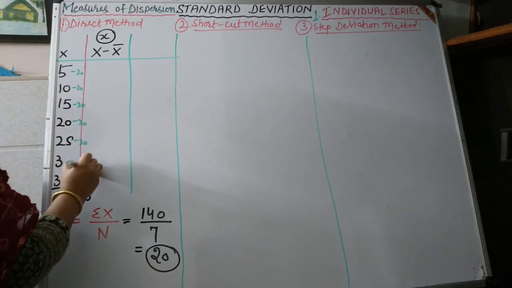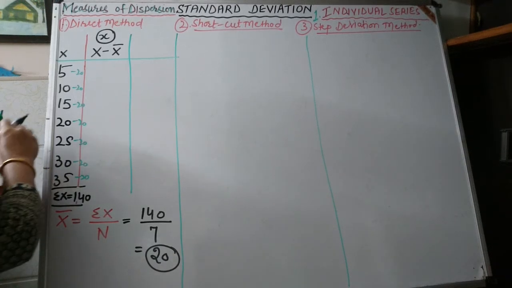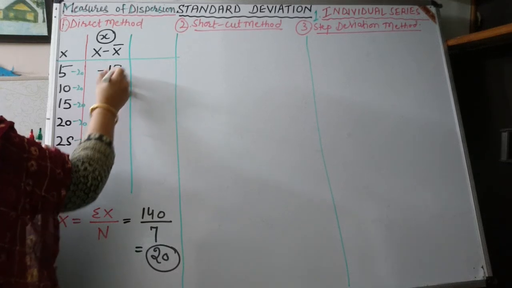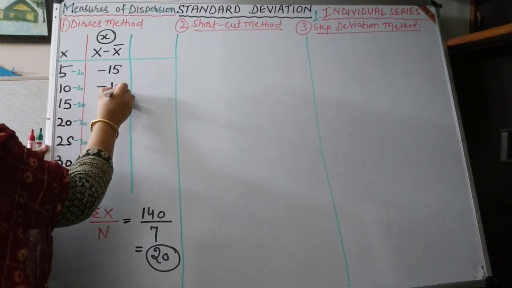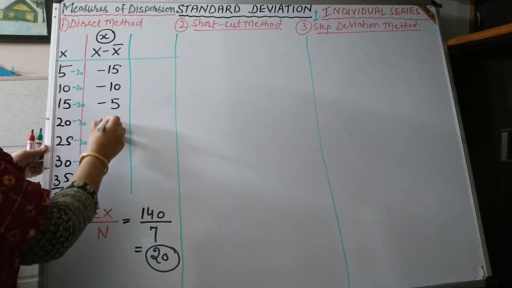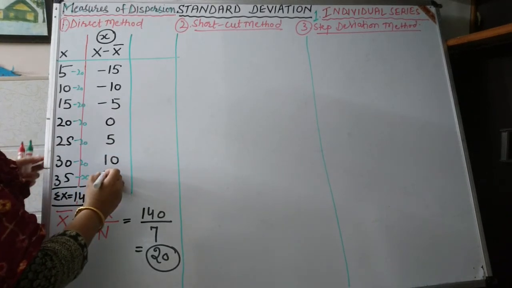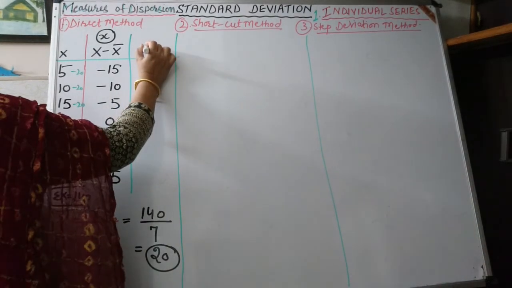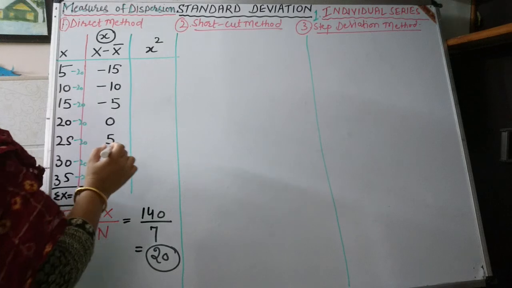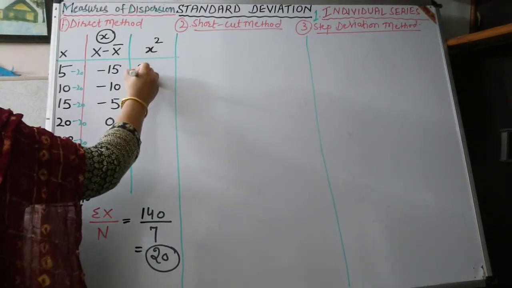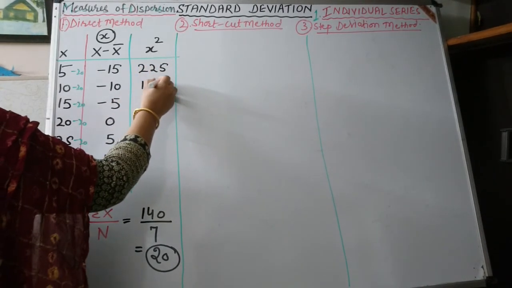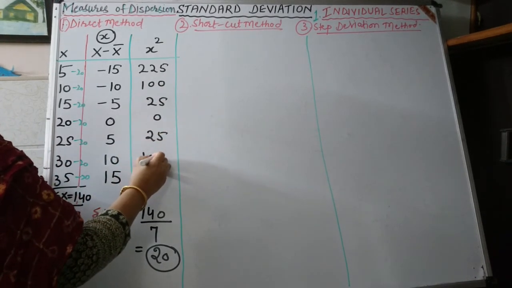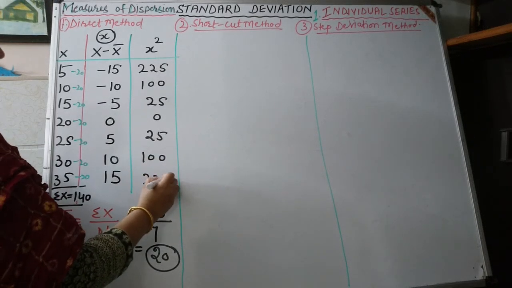So the values will be 5 minus 20 is minus 15, 10 minus 20 is minus 10, minus 5, 0, 5, 10, 15. Then let us calculate the value of x square. The value of x square will be 225, 100, 25, 0, 25, 100 and last one is 225.